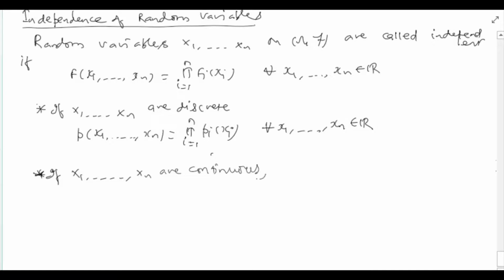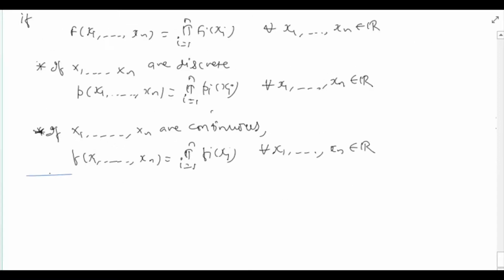That is, these random variables are independent if their joint density is the product of marginal densities. This is the product of f i xi, i equals 1 to n, and this again must hold for all x1 dot dot dot xn in R.